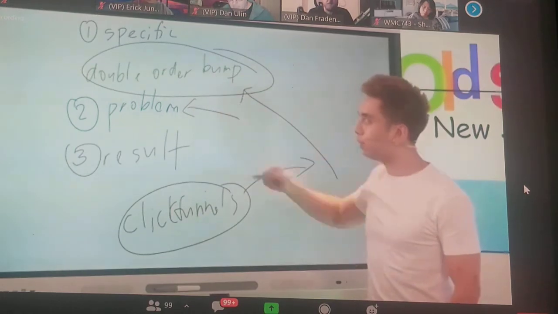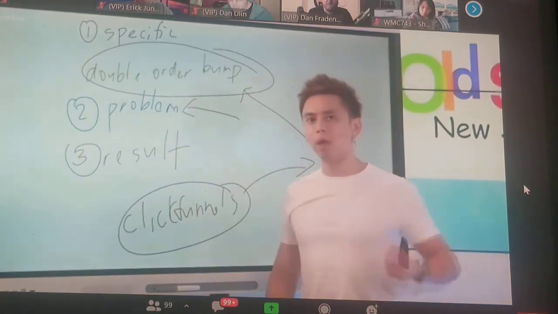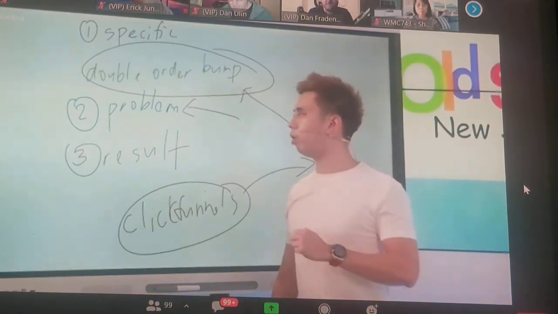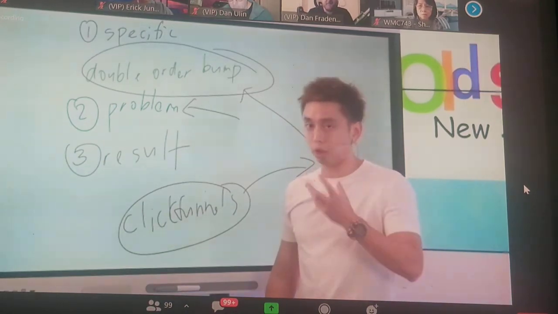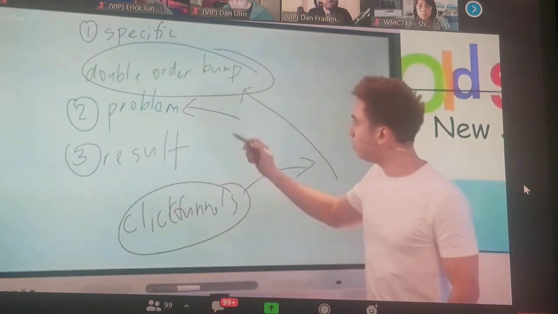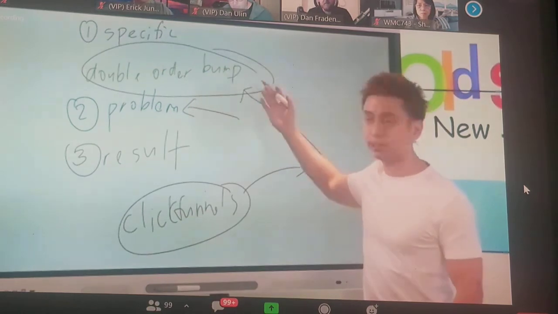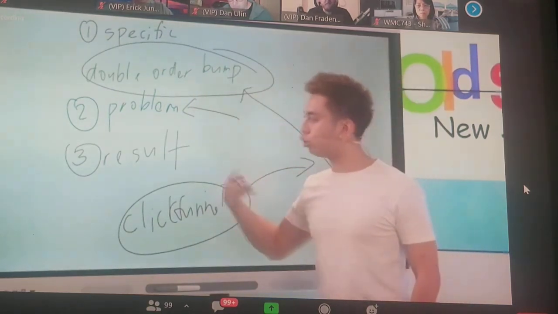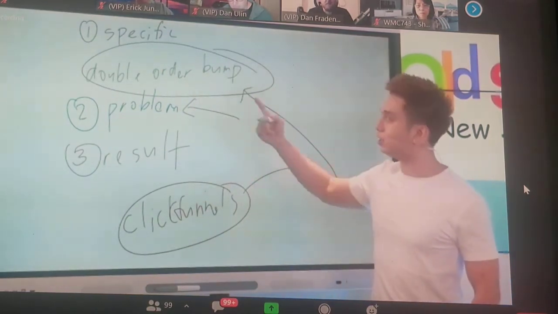There are a lot of people out there who are not thinking about how to implement this double order bump. Sure, there are people like me who are already problem and solution aware, but some people could be totally unaware that this thing exists.